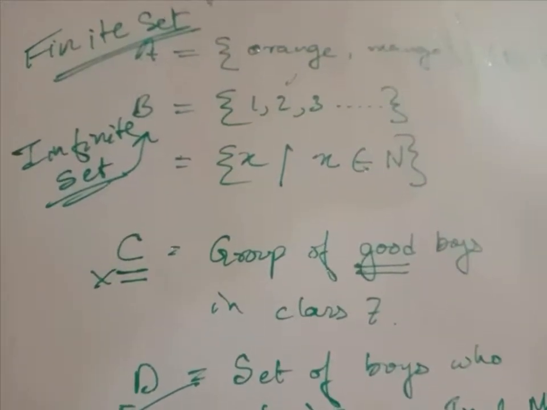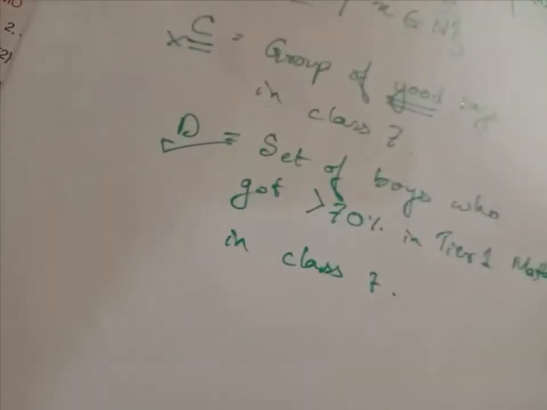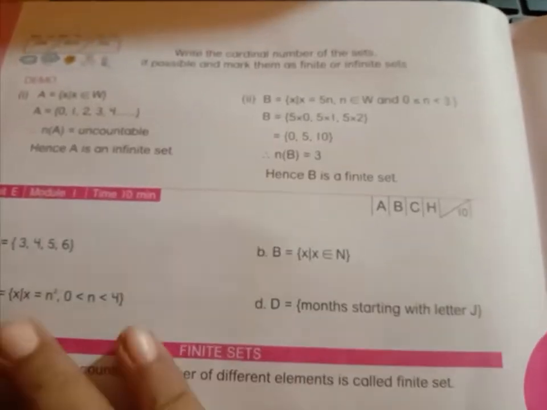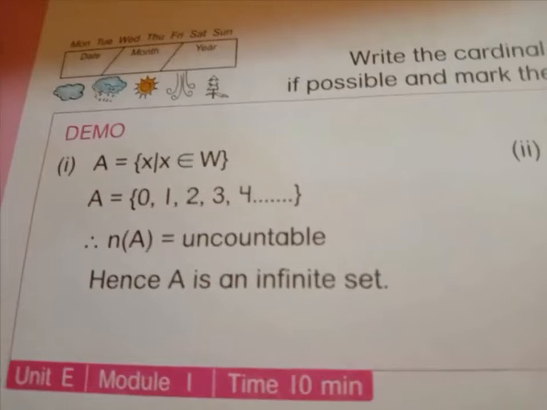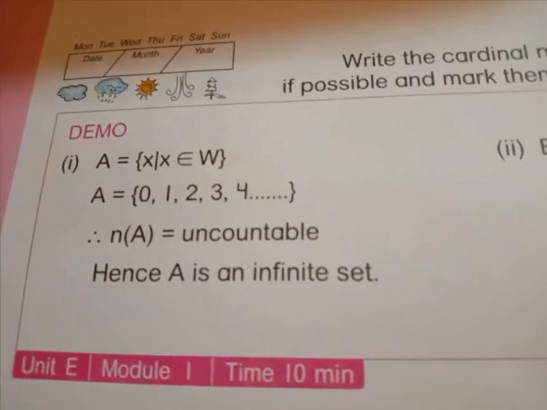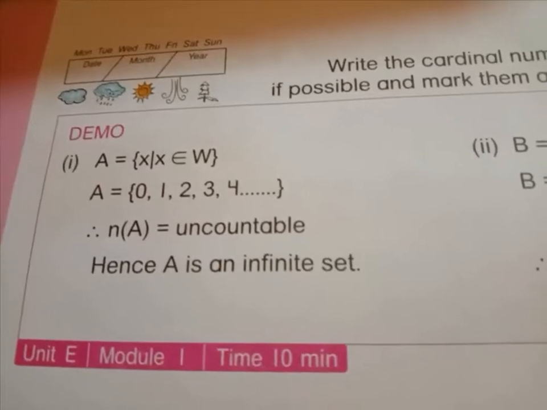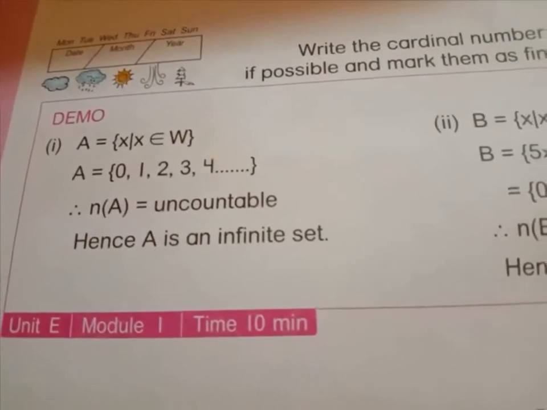Okay, so this brings us to module number 1. In module number 1, you are asked to write the cardinal number of sets if possible and mark them as finite or infinite set. Look at demo number 1. The set A is given as X such that X belongs to W. So W is the set of whole numbers.